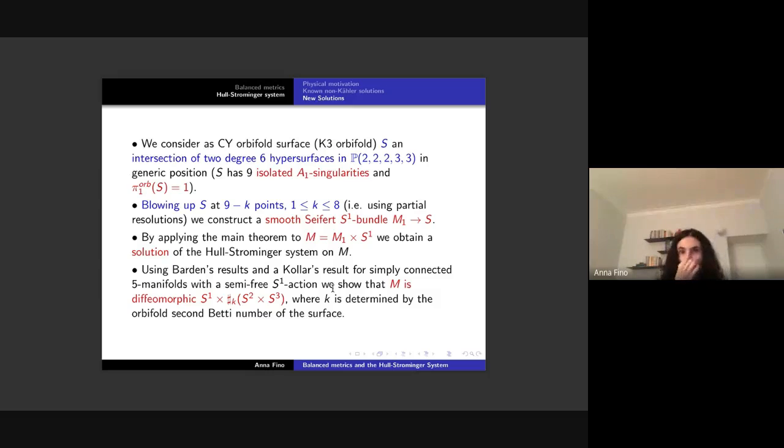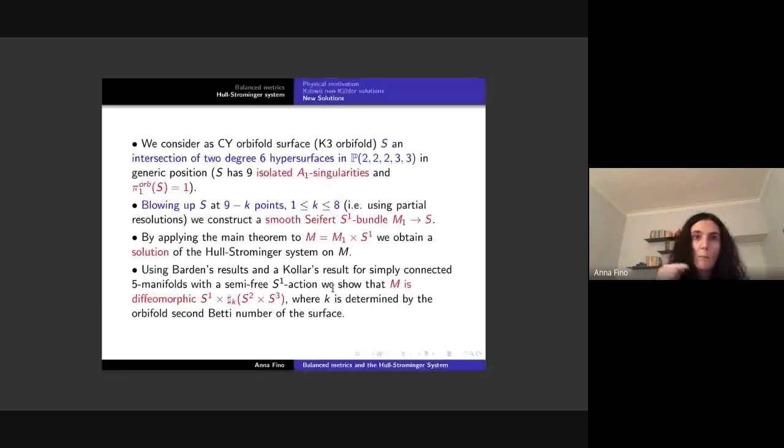So what we have, in fact, is that our S has isolated singularities of type A1, that means that correspond to Z2, as I said before, and the orbifold fundamental group of S, that's very important for us, is trivial.